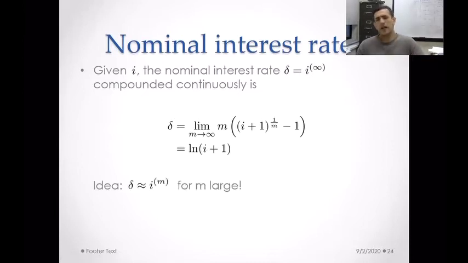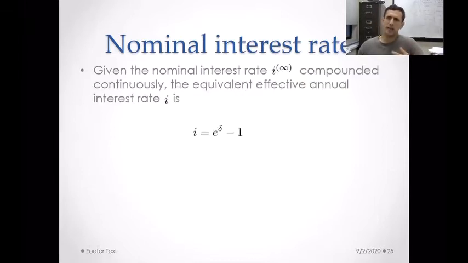What this really means is that delta is basically i superscript m for very large m. It's an approximation. This quantity here is kind of a pain for large m, so we can approximate it by ln of i plus 1. It's just easier to work with, and it's really close for m nice and large.